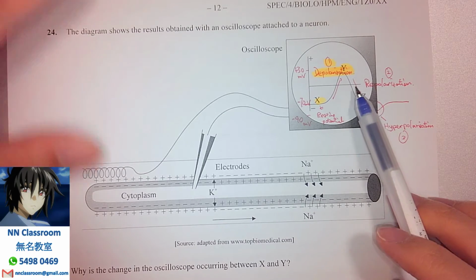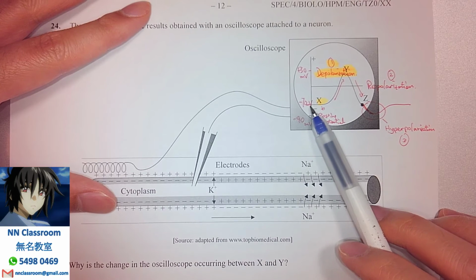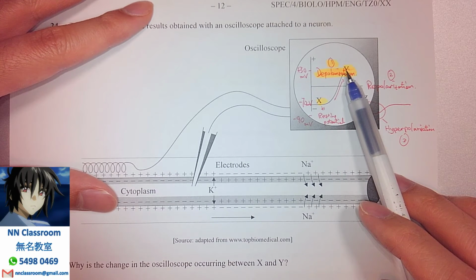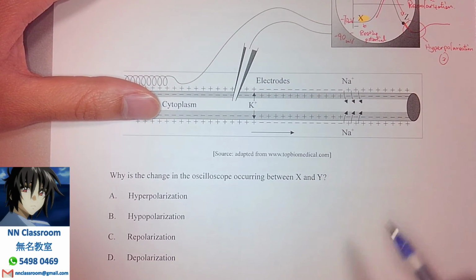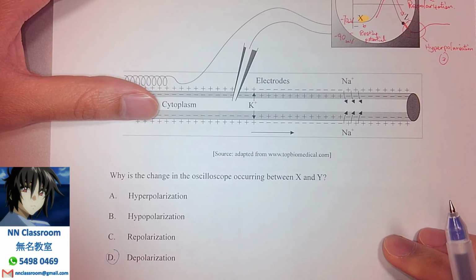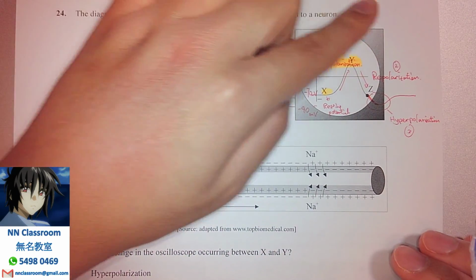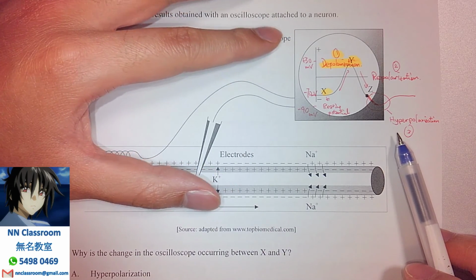So depolarization is the process where we remove, so delete, the polarity of negative 70 to a positive polarity. So that's why the answer for this question easily goes to D, right? So if you understand that, you know all the processes and pathways and the names from topic 6.